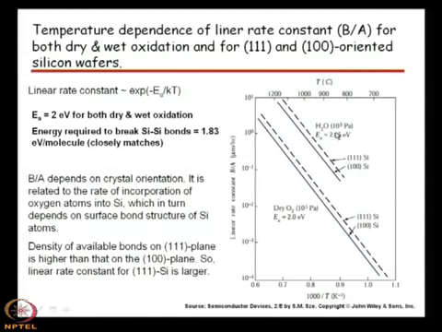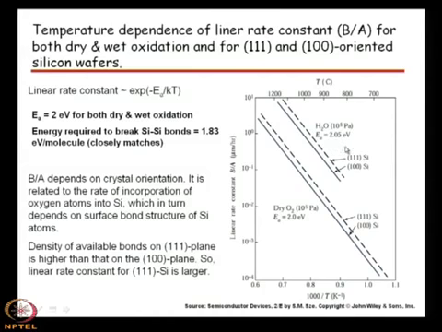For wet oxidation the activation energy is also 2 electron volt, explicitly 2.05 electron volt, at 10 to the power 5 Pascal pressure. So the activation energy is equal in both cases, which means these two lines are parallel, as you can see.